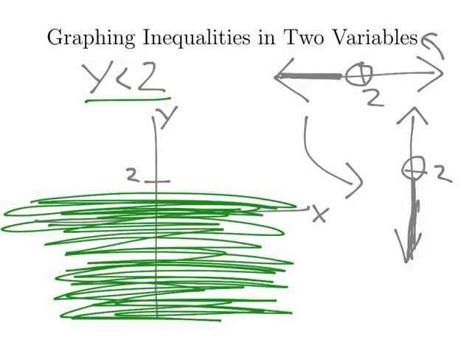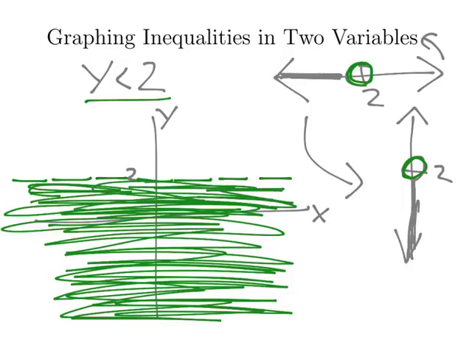But it's all shaded in, except when we're at 2. Before, for one variable, if we had y less than 2, we would use this open circle. With two variables, instead of using an open circle, you use a dashed line. So here, I do a dashed line.